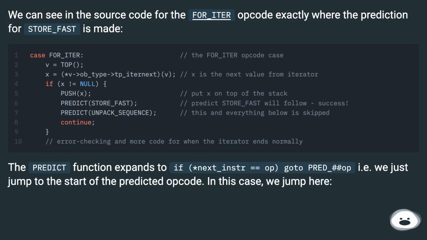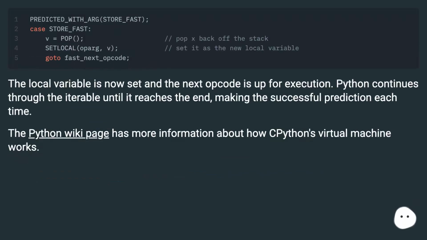In this case, we jump here. The local variable is now set, and the next opcode is up for execution. Python continues through the iterable until it reaches the end, making the successful prediction each time.